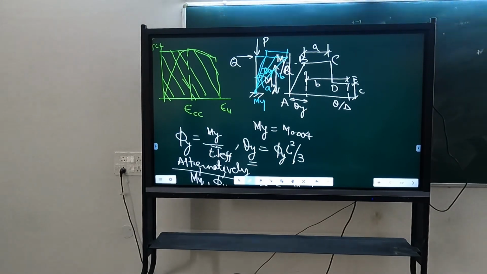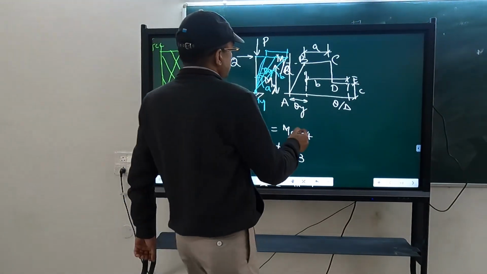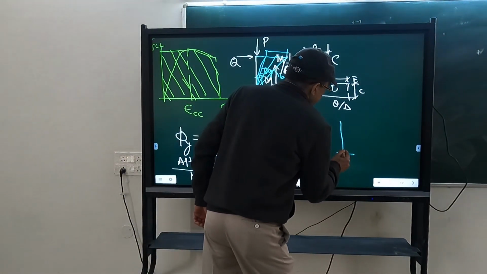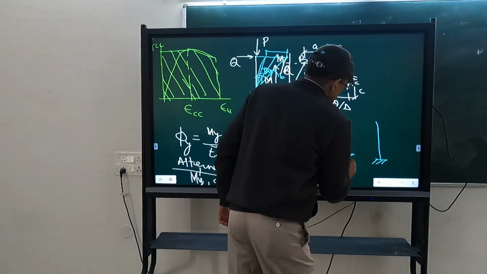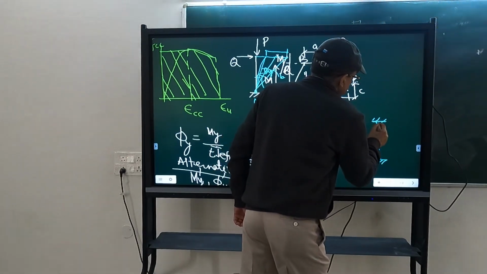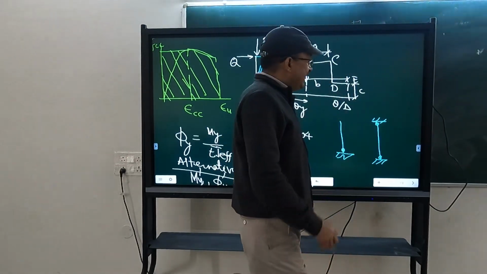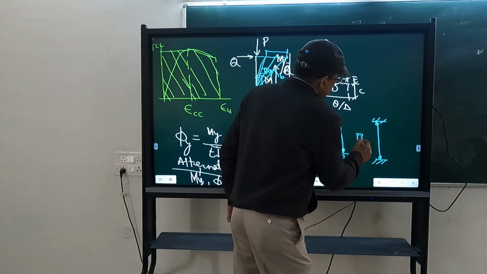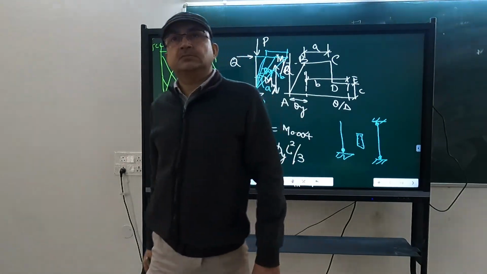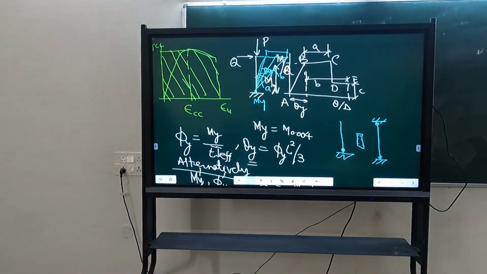So rotation value will remain same, because what is plastic rotation? Plastic rotation is occurring at a point. So whether that point is in a cantilever, that hinge here, or it is here, as long as the section is same, M versus phi and hence M versus theta will remain same.